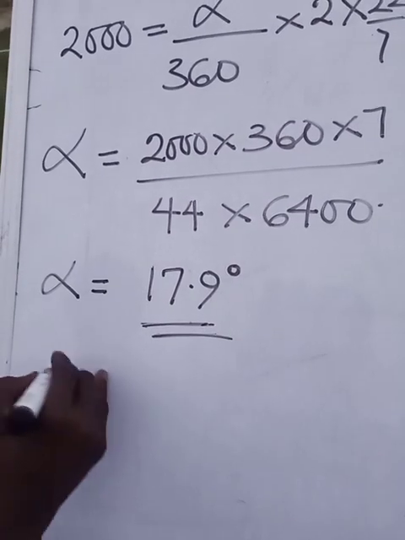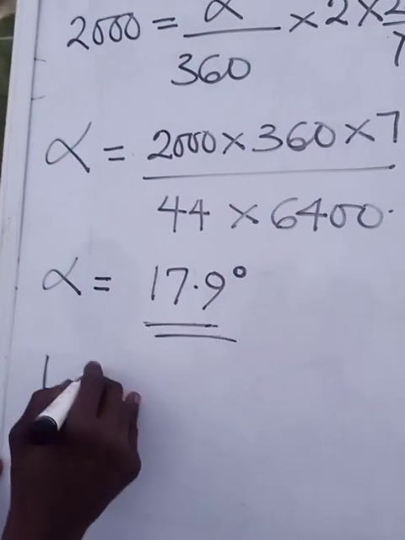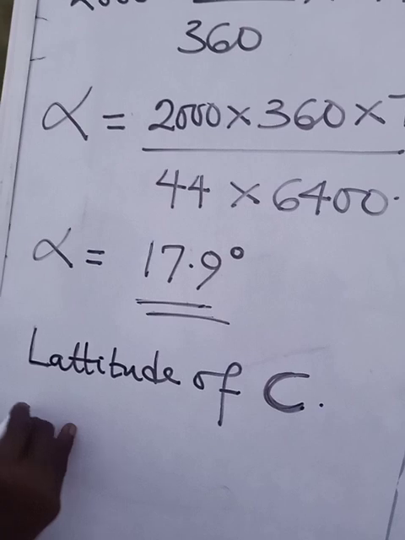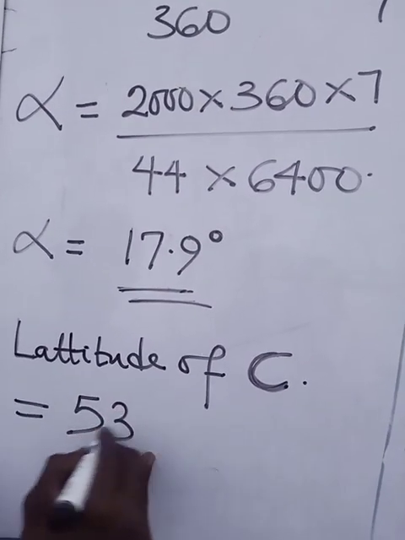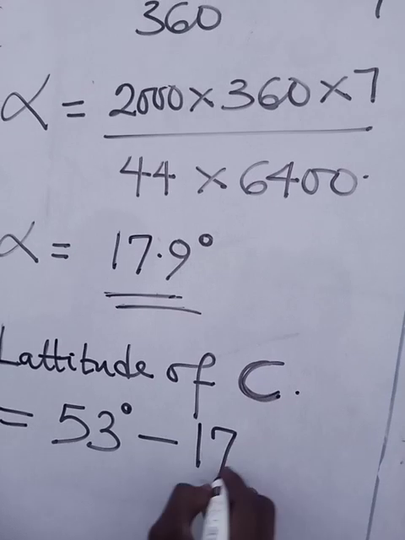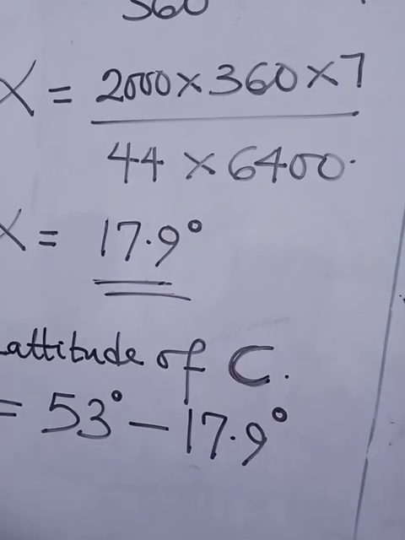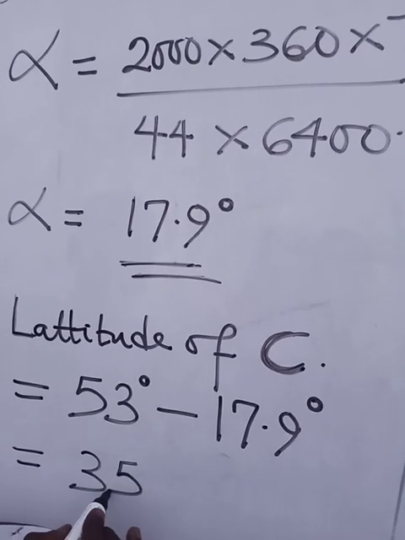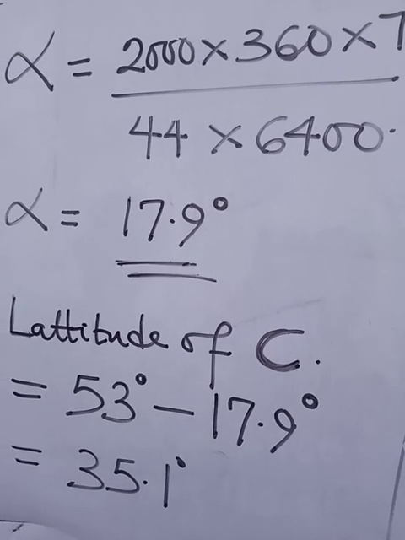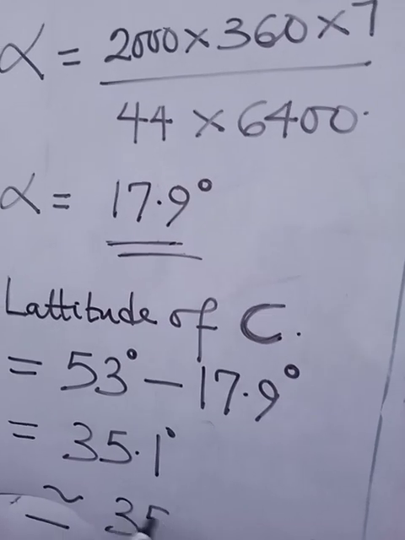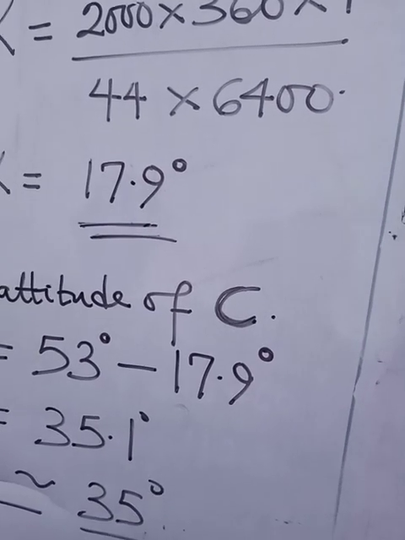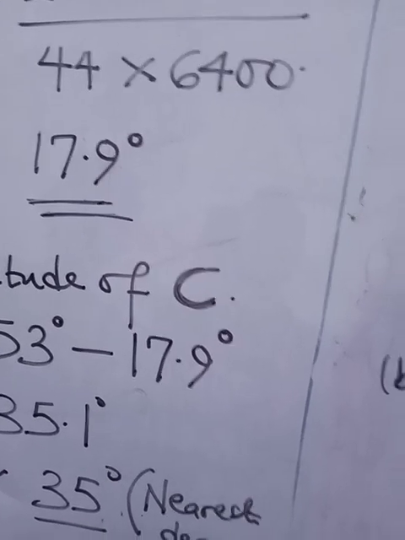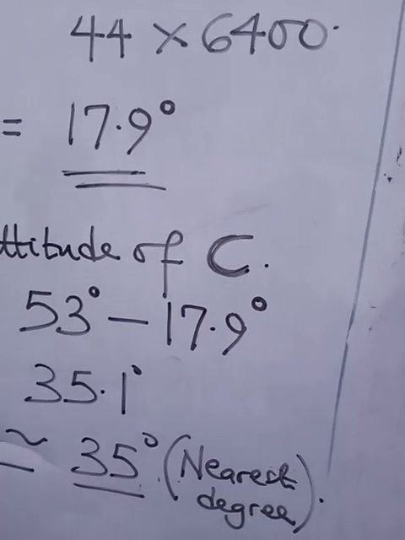You just note that the latitude of C will be 53 degrees minus 17.9 degrees, and that will be 35.1 degrees, or approximately 35 degrees to the nearest degree.